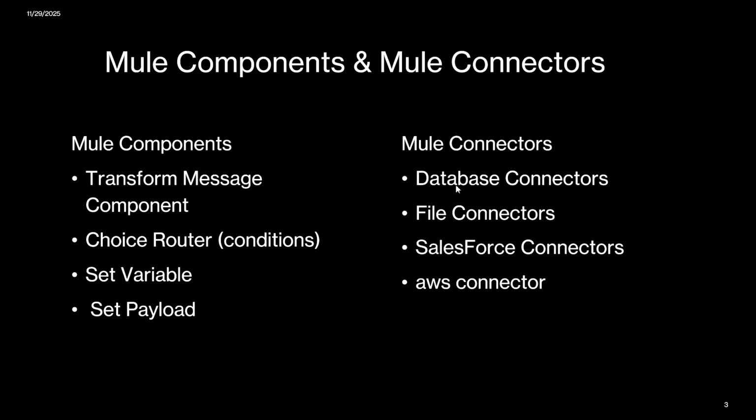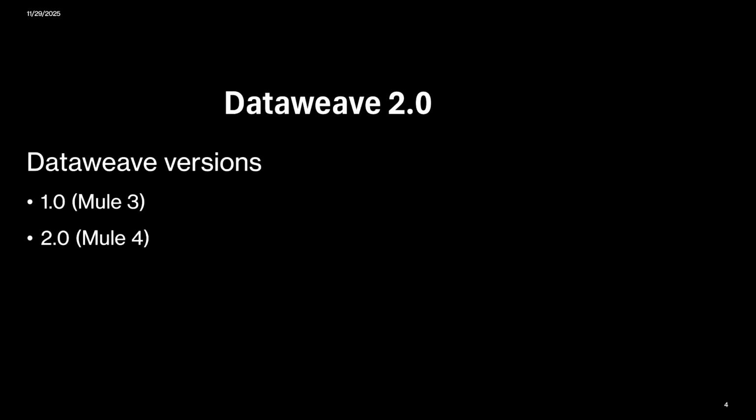Some examples that I have taken are database connectors, file connector, Salesforce connector, and AWS connectors. So there are a number of connectors in Mule 4, but these are some examples that I have taken. So we can configure these components and connectors in Mule 4 with the help of DataWeave.